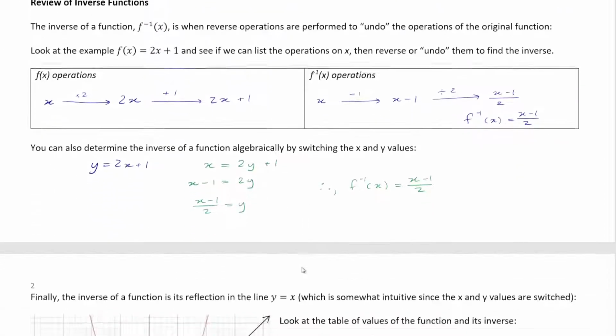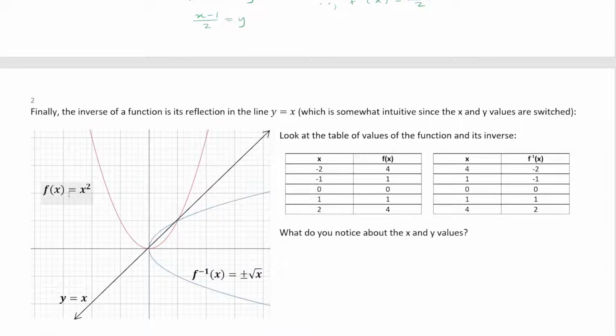So we can also see this on a graph. If we had a parabola or a quadratic function as our original function, these are the points on the original parabola. These are the points on the inverse of that parabola. So f inverse of x is equal to the plus or minus square root of x.